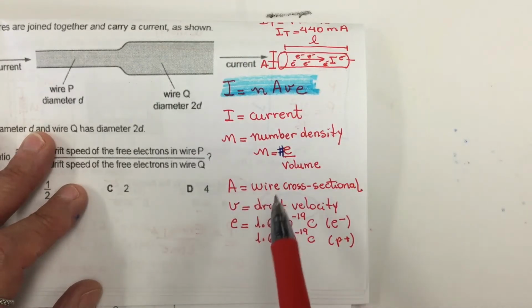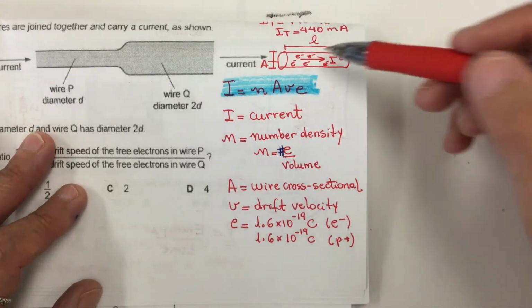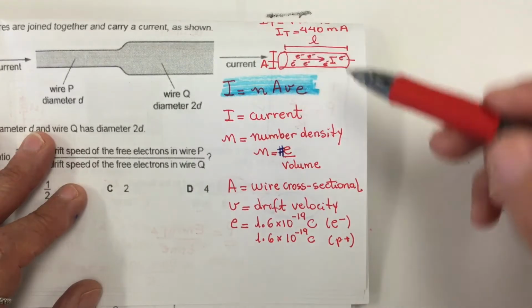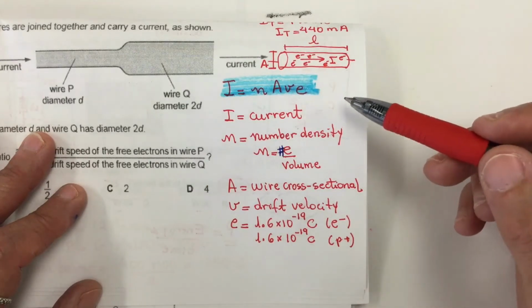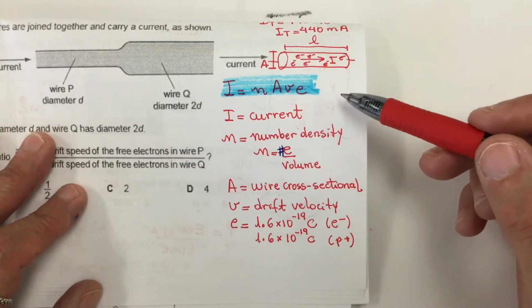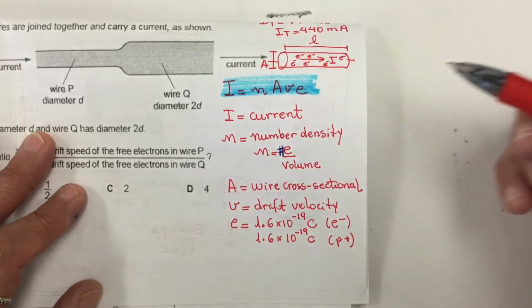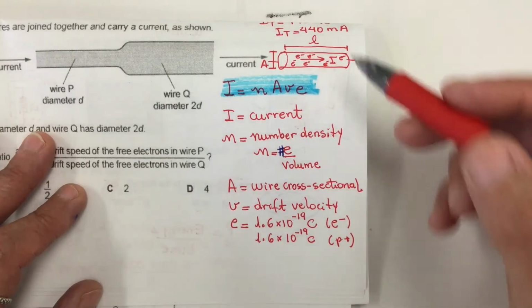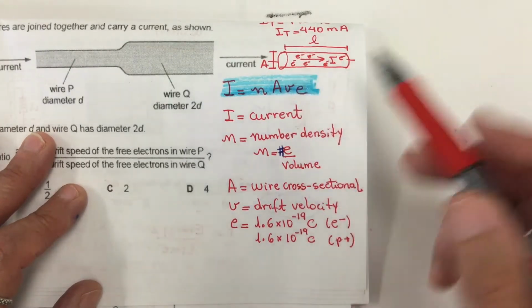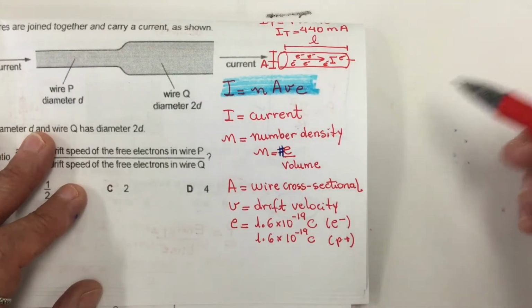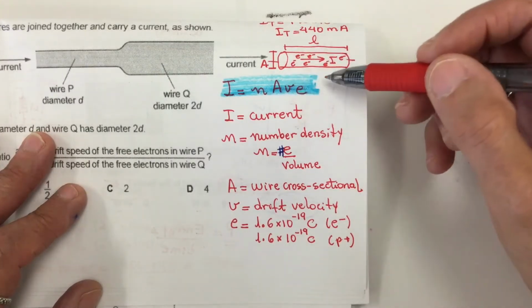A is the wire cross-sectional area. So remember that the shape of a wire is a cylindrical shape. So the cross-sectional area will always be circular, and the volume will be a cylinder type of volume.